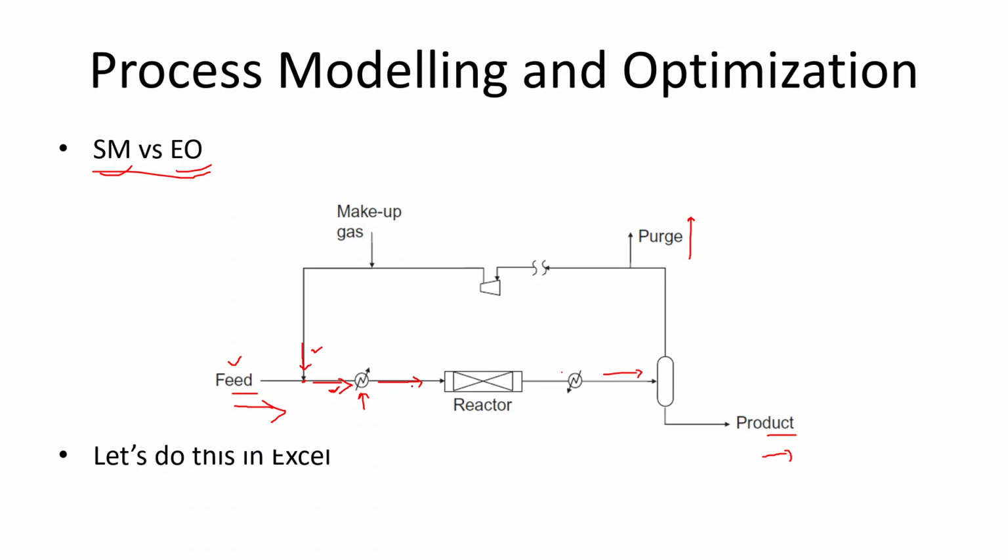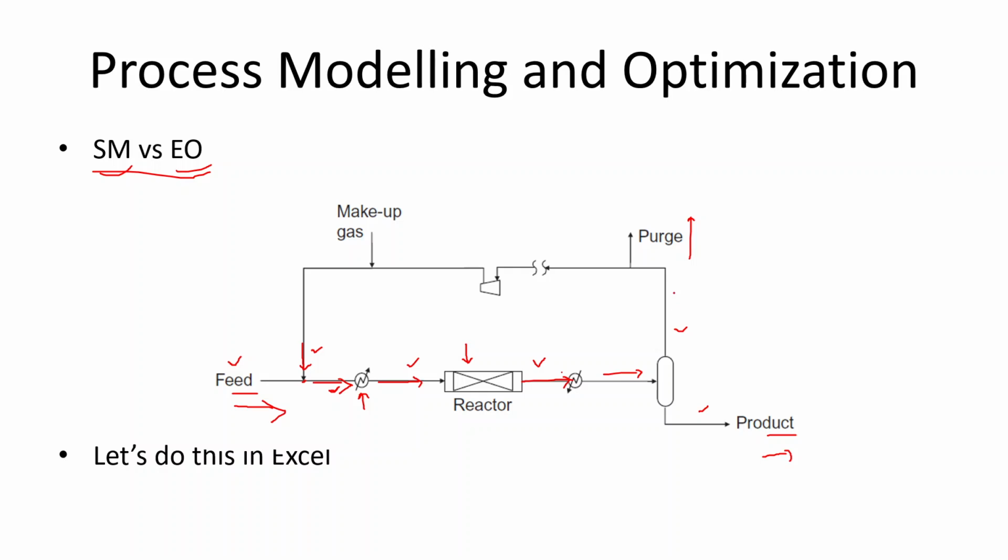So we have the input information calculated, we input the performance of the reactor, and this outlet stream will be calculated, and so on and so forth until it reaches this flash or distillation or separation unit. So we input the performance of the separation unit, and then it will calculate this stream and that stream.